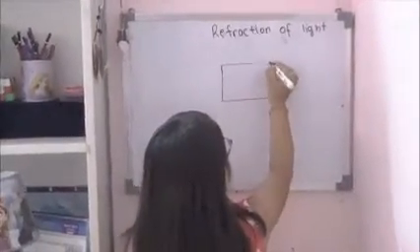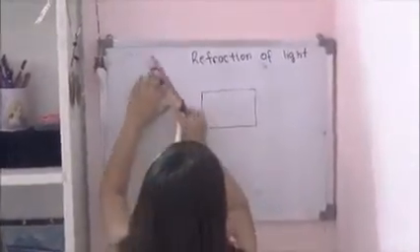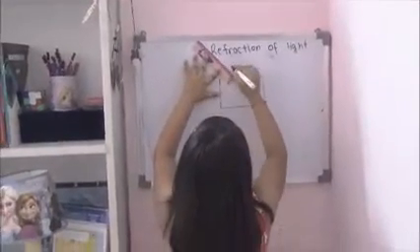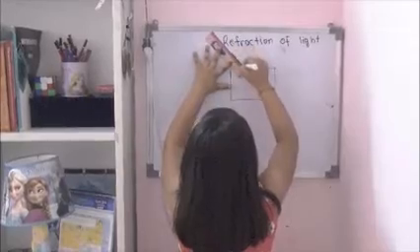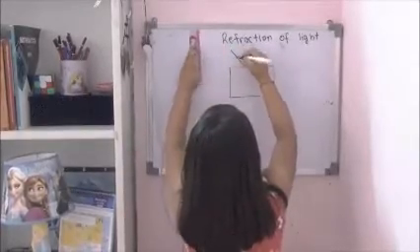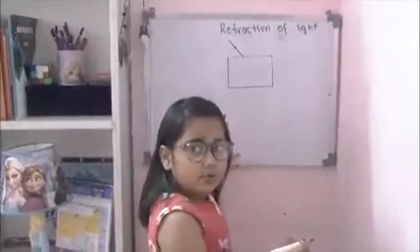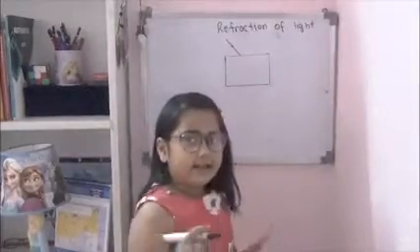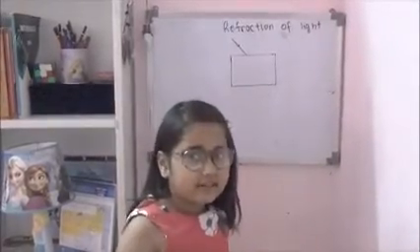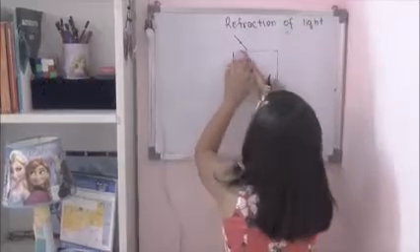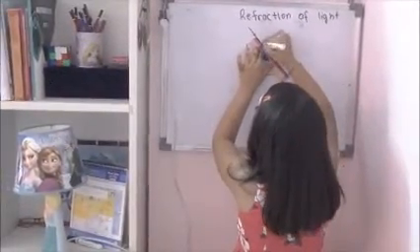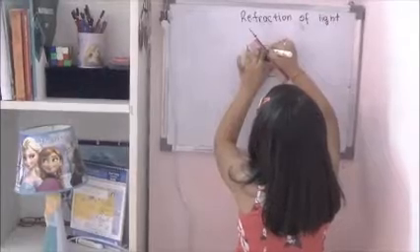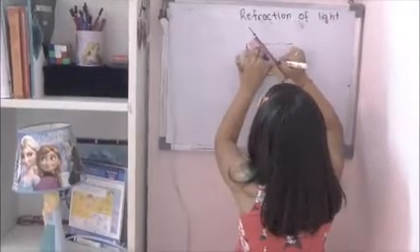Now see, this is the glass slab. This is an incident ray, like this. Now, I told you in the properties of light that light always travels in a straight line in a transparent medium. And glass slab is a transparent medium. So, the light should go in this direction.